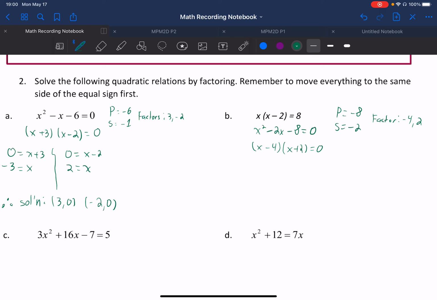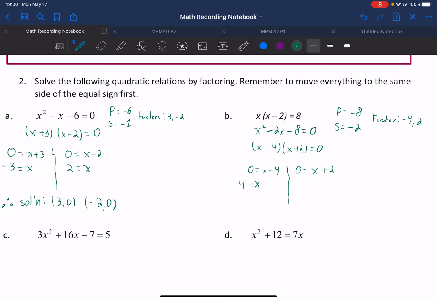Again, to solve these, we're going to see what the x value of each bracket is when we make that bracket equal to 0. So we get 0 equals x minus 4. Isolate x, we get 4 equals x. 0 equals x plus 2.